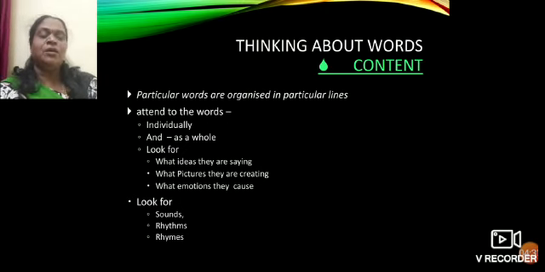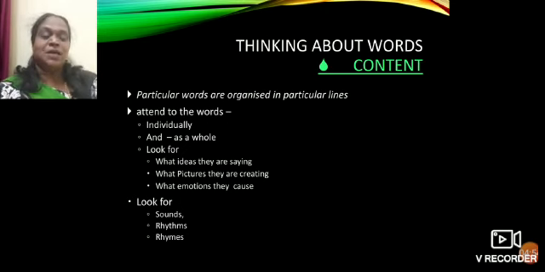So look for these words, and once you are done identifying how special they are, you will notice that they have certain ideas to communicate to you. One, they might create some pictures, verbal pictures. Three, they might cause some emotions in you.